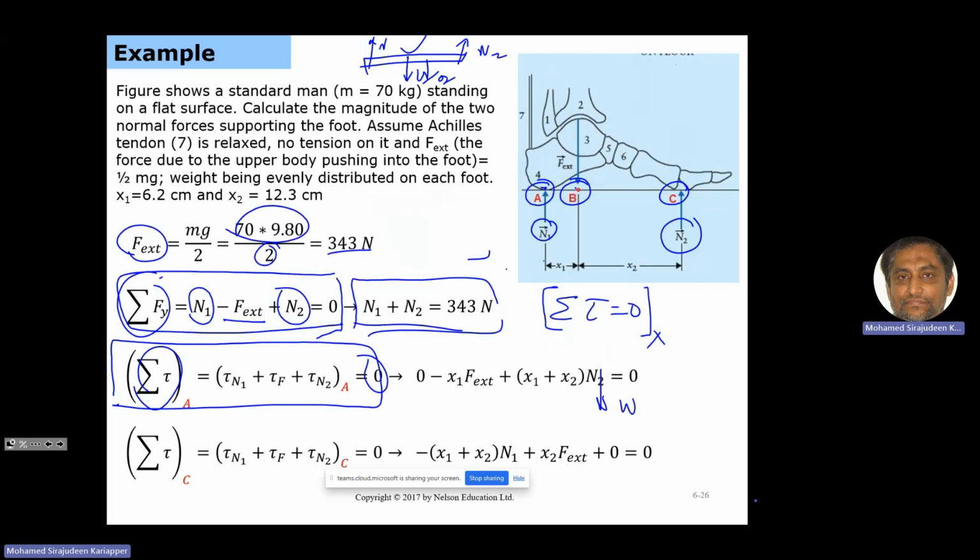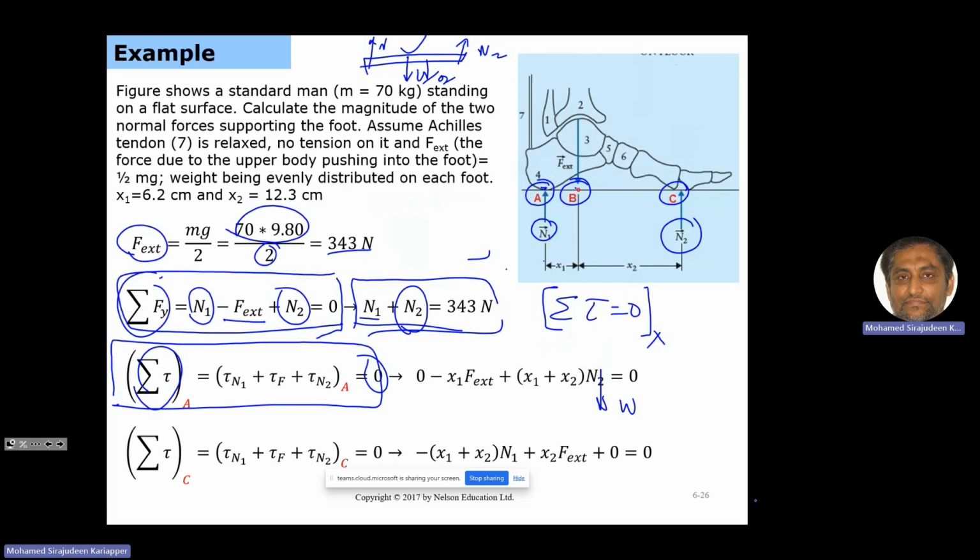If you choose A, N1 will not come into the equation because the torque from N1 is 0. So you will have only N2. Then I can solve for N2 very quickly. Then after that, I can go to this equation. Once I know N2, I can find N1. Or you can choose the point C. In that case, if I choose C, N2 will not be there.